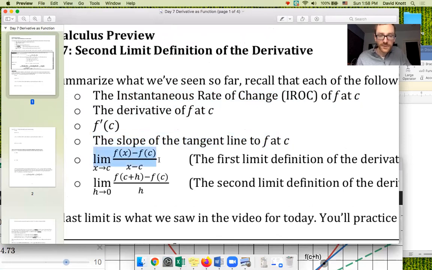We can use this formula to compute it, which is what we've been doing in the first 6 days of this course, or you can use this formula right here, which I just derived. I can use either one of these formulas because they both give you the slope of the tangent line, so they must be equal.